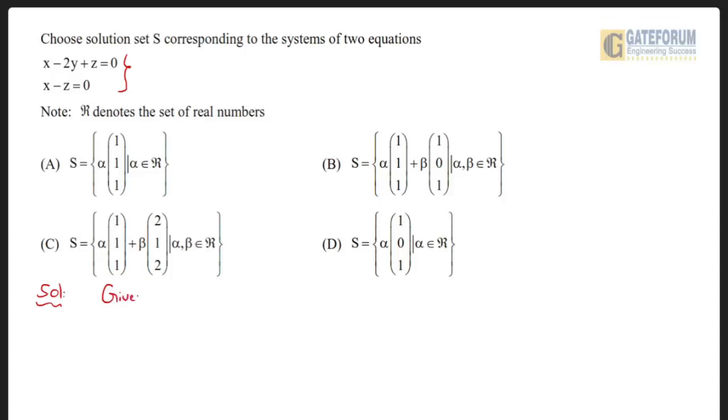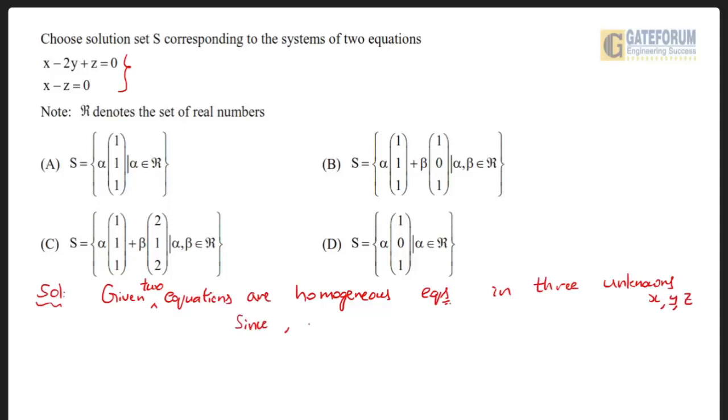Given two equations are homogeneous equations in three unknowns, that is variables x, y, z.